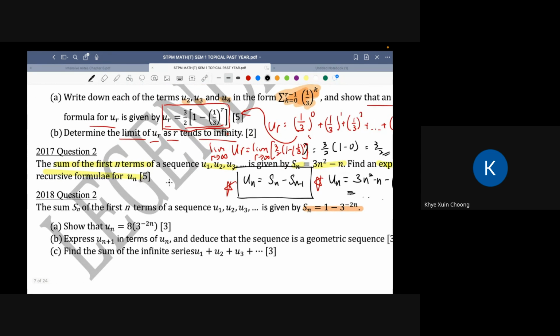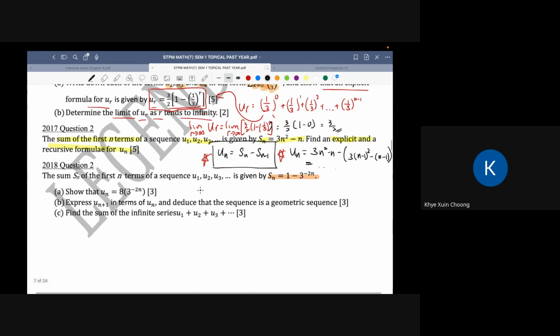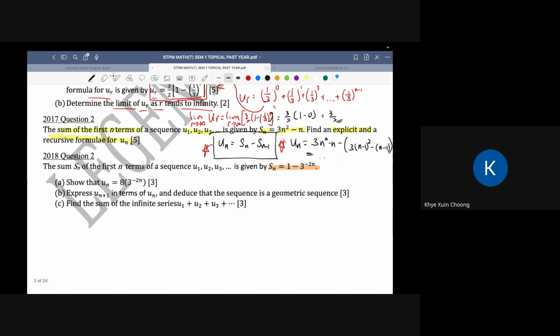Either you find that the difference in the terms is a constant, or you find that the ratio of the terms is a constant. Mostly it should ask you these two ways only. After you try, if it is not the first way and also not the second one, and you still don't know how to do, then just skip the question. But at least you tried, better than you didn't try. Arithmetic progression or geometric progression only, normally.